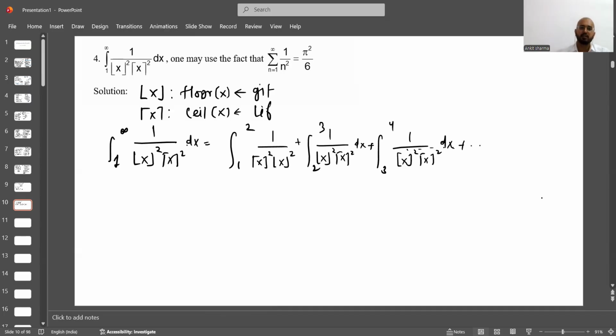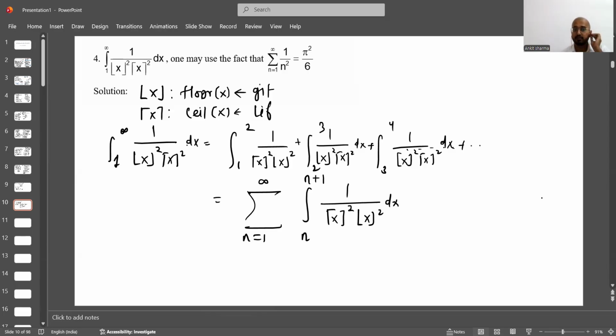That means we can now write this as the summation, n starts from 1 and goes up to infinity, of the integral from n to n plus 1, of the same integrand. I can put it in the summation for an infinite series.